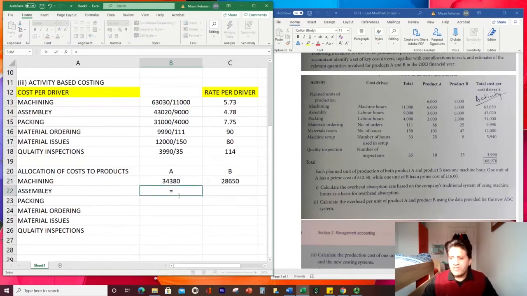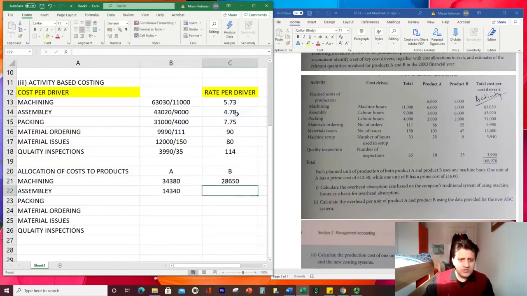Assembly now. If you look at the table, A uses 3,000 hours of assembly direct labor, and the rate for that is 4.78. We use this, and then B uses 6,000 times the rate, and we get that again, the check, and 43020 is the total figure, which is correct.